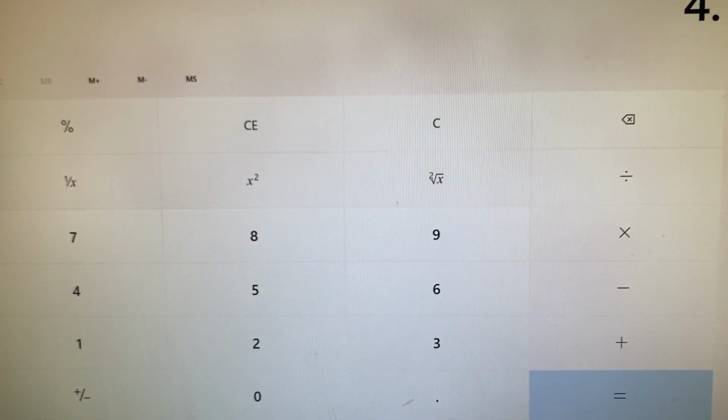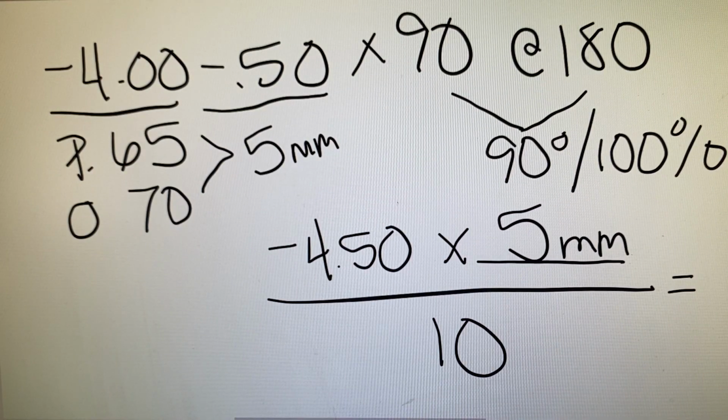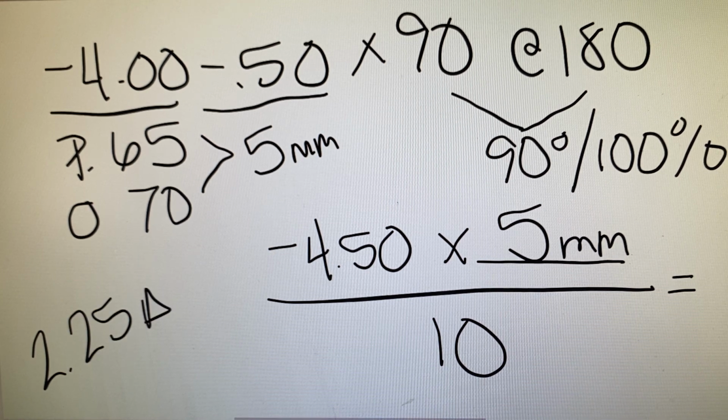So do 4.5 times 5 equals 22.5 divided by 10 gives us 2.25. So this particular error created 2.25 diopters of prism.